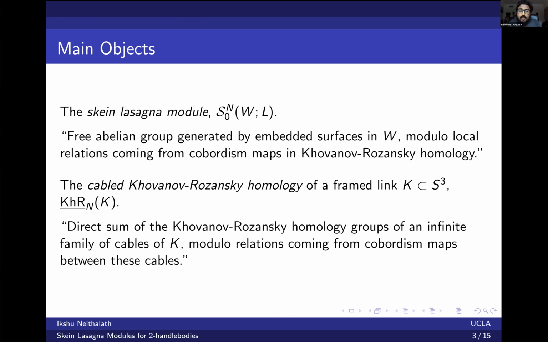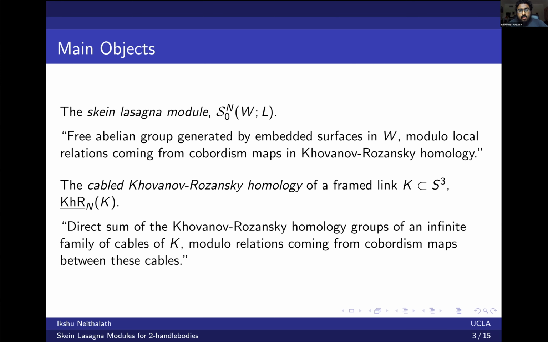For example, computing the cabled Khovanov-Rozansky homology would require computing the Khovanov-Rozansky homologies of some infinite family of links. And in general, that's very difficult, and in most cases impossible to do with our current technology. So it's still a little bit difficult to get your hands on, but somehow a bit more concrete than the first thing. So in our main theorem, we're going to relate these two objects.